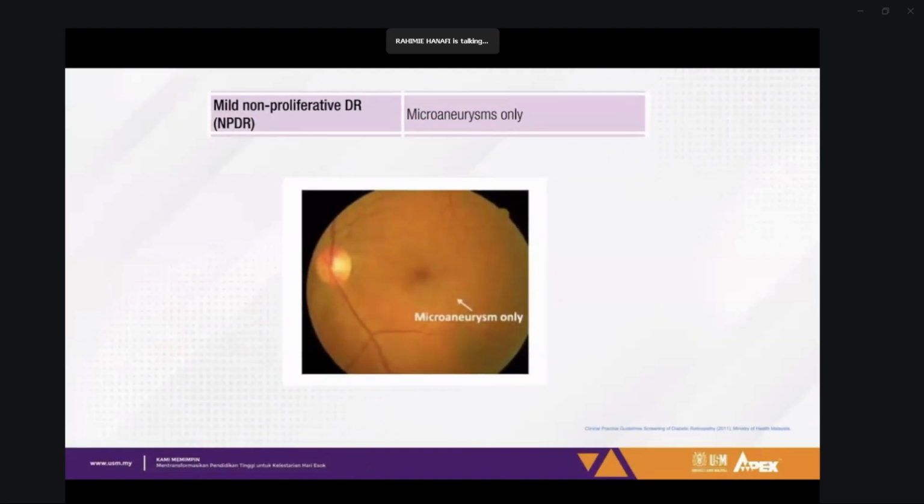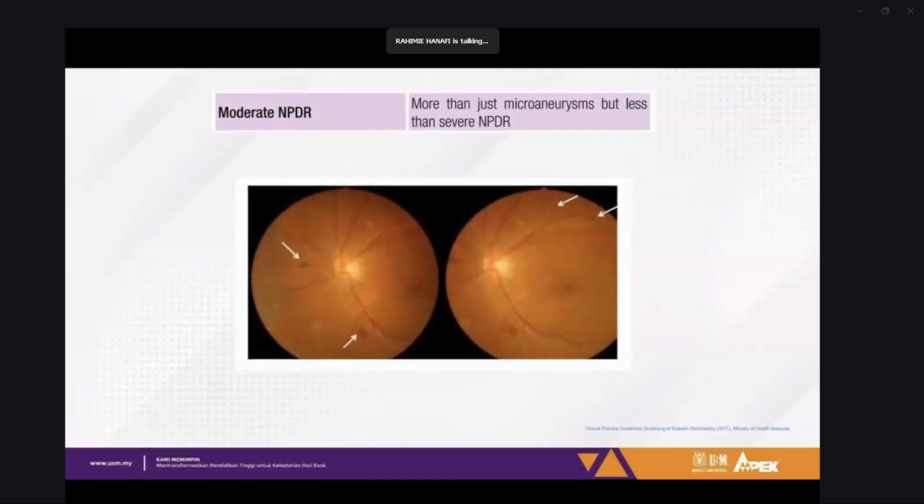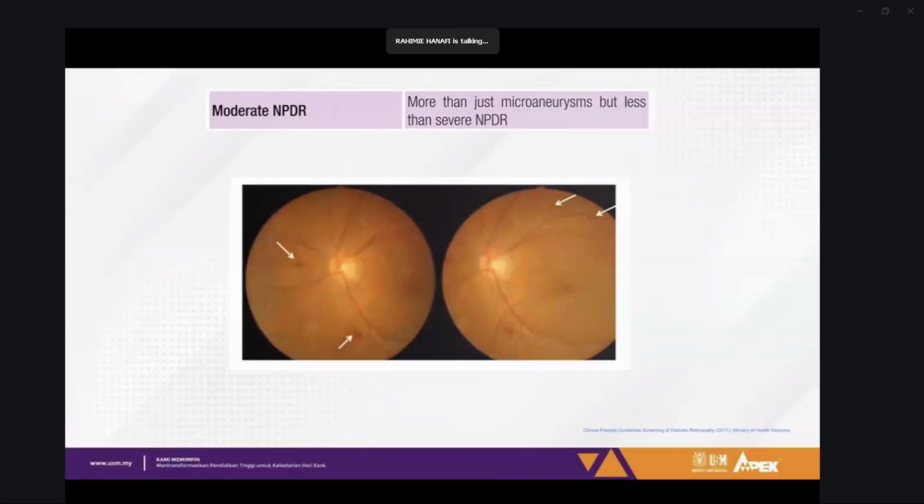In a patient with mild NPDR, there is only the presence of microaneurysms, which later develops to moderate NPDR. There is more than microaneurysm, but less severe than severe NPDR.